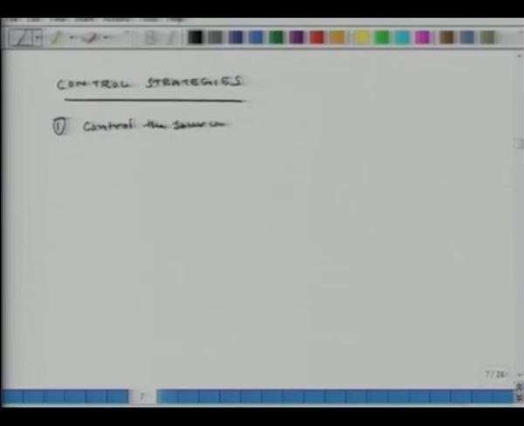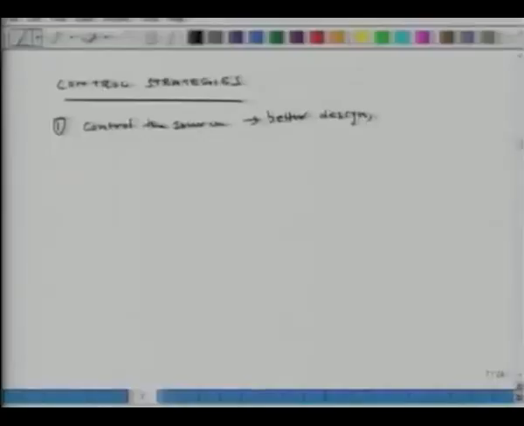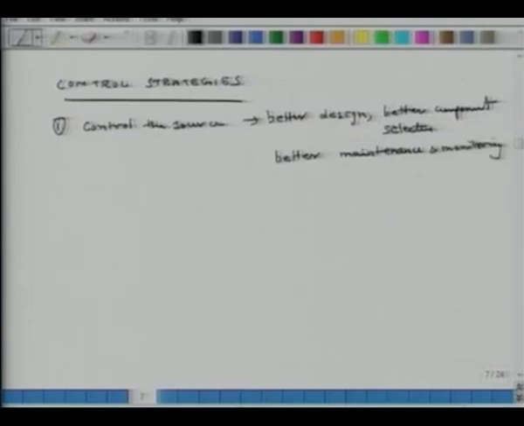You can do this by better design, if the product is being developed and you are at a design stage, better selection of components, and better maintenance. This is extremely important. Maintenance and monitoring. So this is how you control the source.